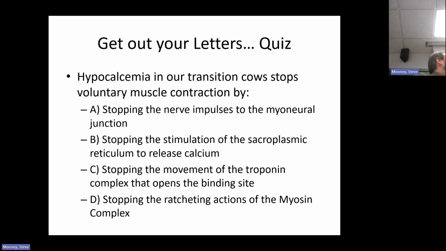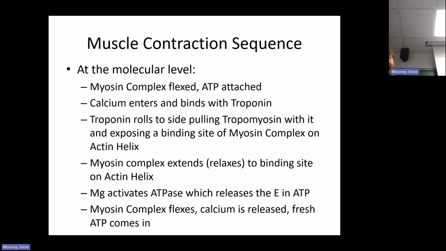So it's still getting stimulation. What happens is we're not prying open those binding sites anymore. We can't contract anymore. So that's the problem when we're thinking about milk fever, hypocalcemia, what's happening.